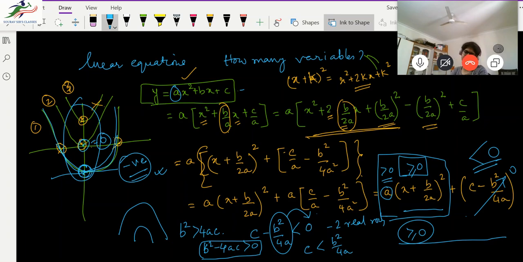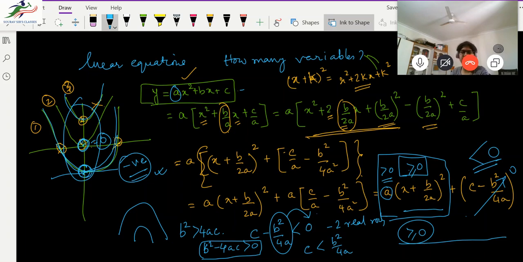So the expression will be positive or 0, right? Now if it is positive, then we will have case 3. Clear? If it is positive, then we will have case 3, and if it is 0, then we will have case 2.